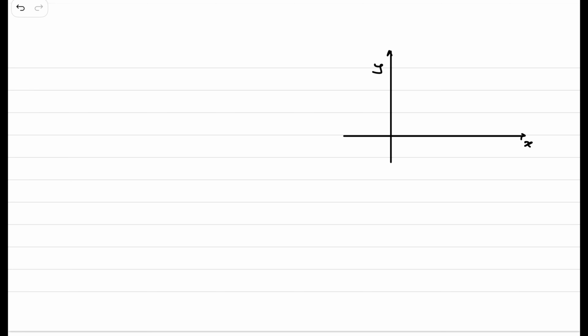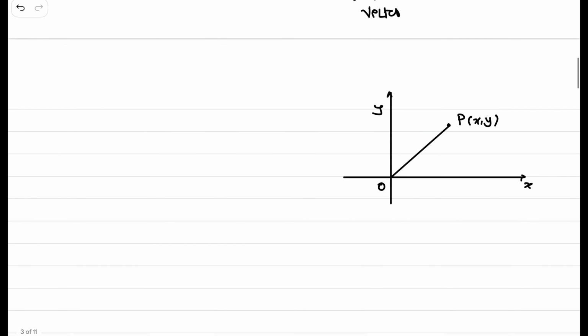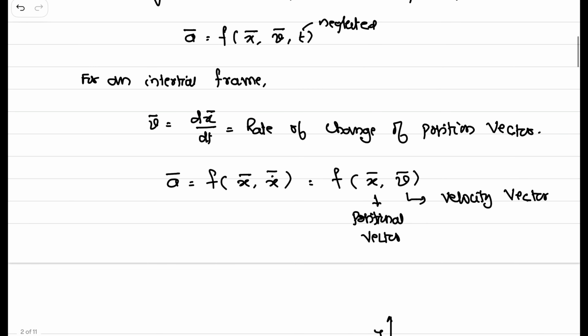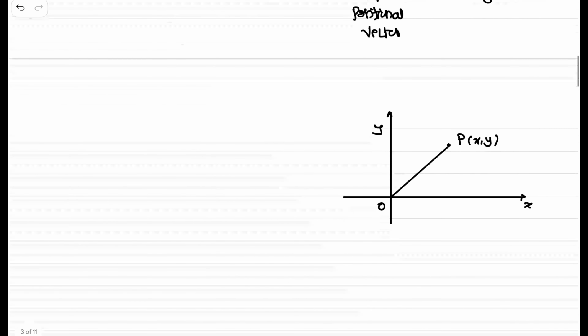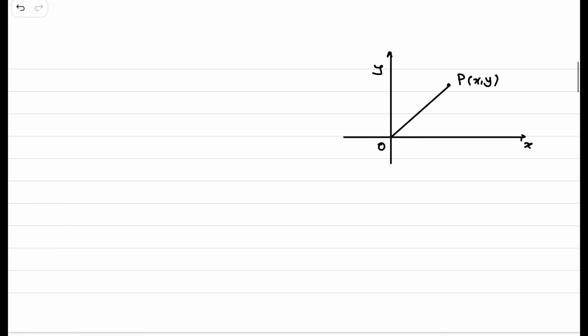In that, I put one point P here with x and y as coordinates. This is the origin. In physics, everything should have some reference. For that only, I made an inertial frame as a reference. In this x and y axis, with the origin as the coordinator, P is the point, a position in the xy coordinate system.